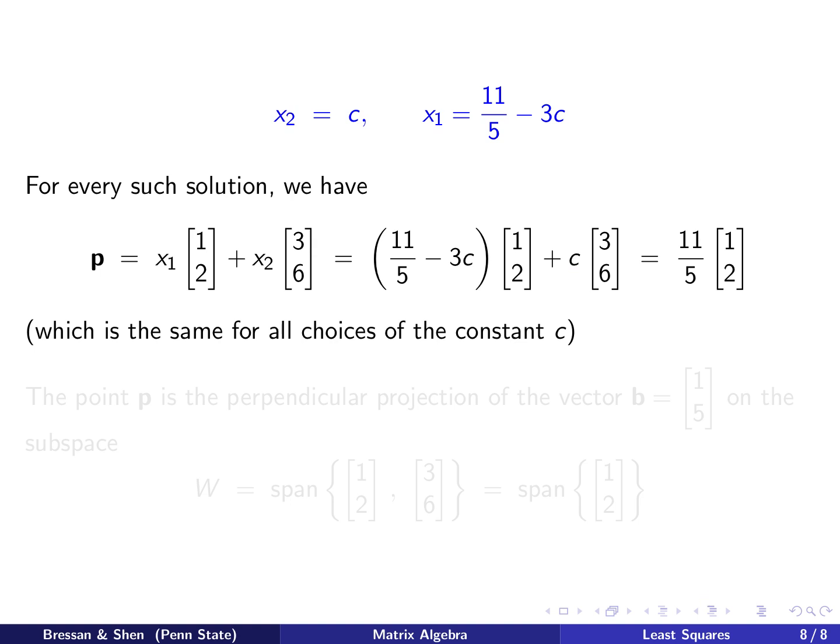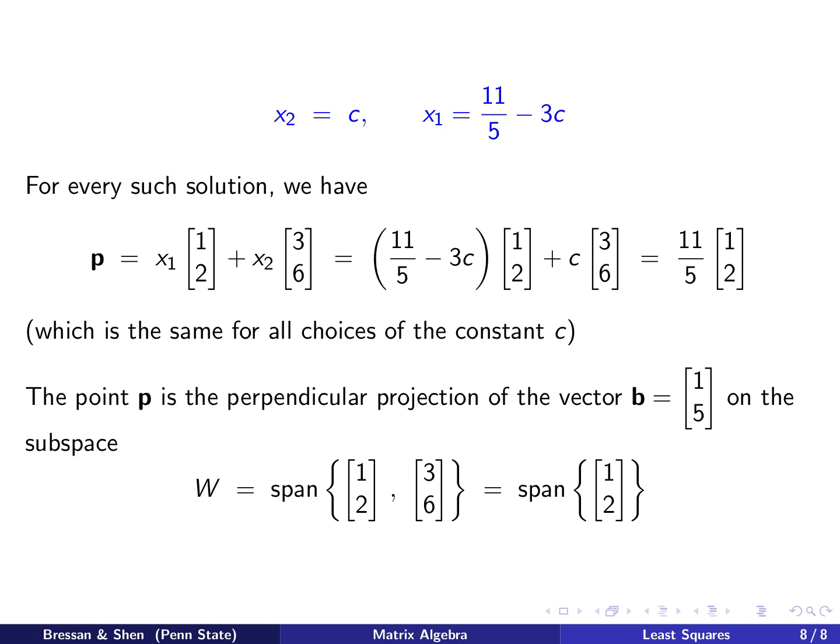So all you have is 11 over 5, which is a scalar number, times the vector 1, 2. A closer look shows that 3c times the vector 1, 2 is exactly the negative of this vector, so they cancel. So even though the solution has an arbitrary constant c for x1 and x2, the projection p actually is the same for all choices of that constant c.